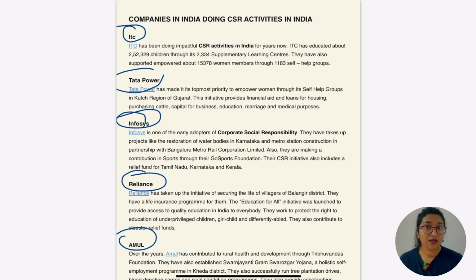As I told you, employees' contribution is not included in the CSR activity, but apart from that they are focusing on their employees' health, employees' family health, providing education to the backward areas, promoting women, okay, and health insurance is also provided by these companies.